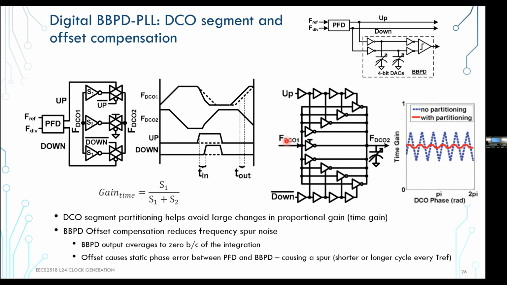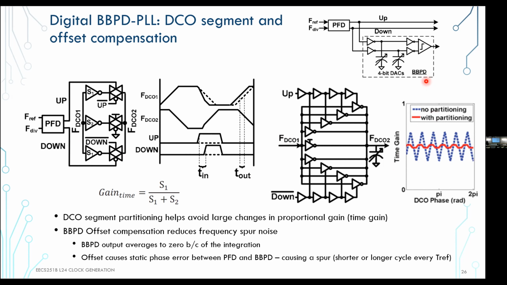If you do pulse control on all the inverters in the ring oscillator the same, you get some fluctuations in this time gain, which you don't want. So they basically segment it in pieces and do some tricks there to try to smooth out this time gain so that for any DCO phase, it looks kind of constant, right? There's still a little ripple, but you deal with that in other ways.